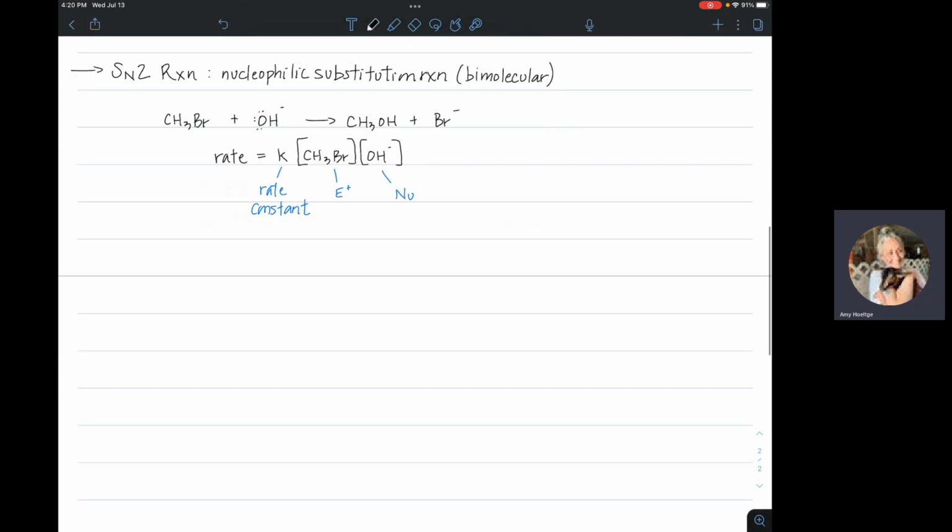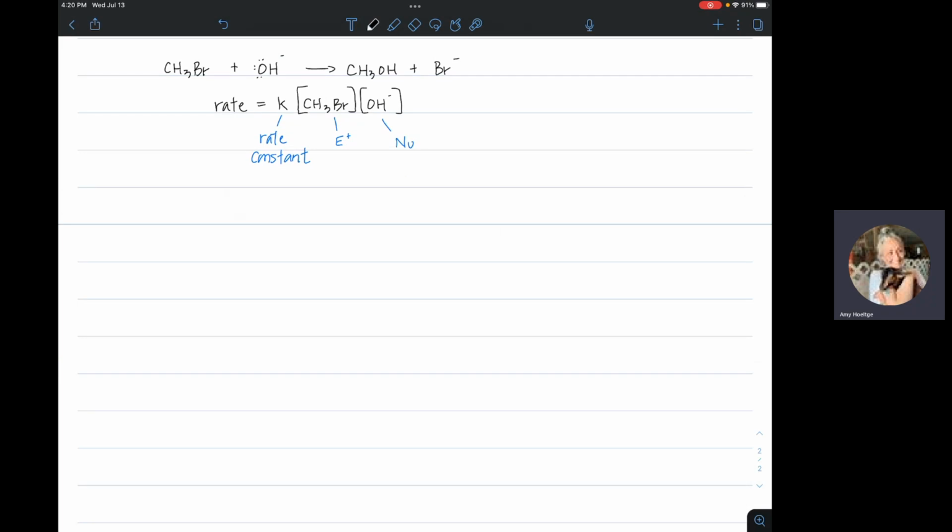So we've got data, in other words, experimental observations that suggest the SN2 mechanism. Some of these data include the rate determining step, or the rate of the reaction.